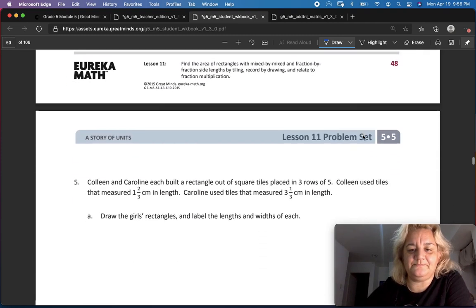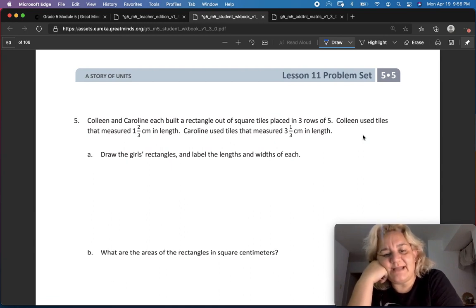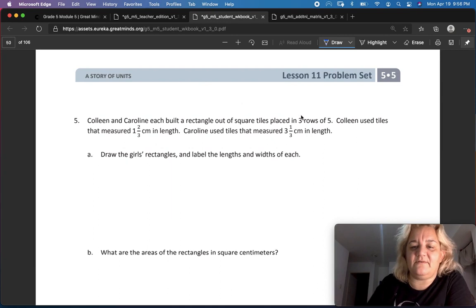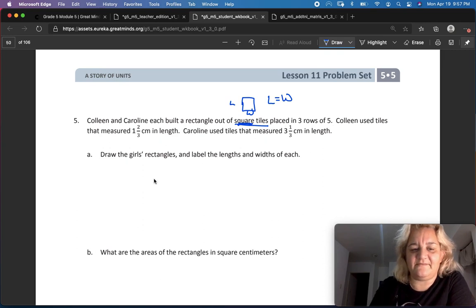Okay, let's move on. Number 5. Colleen and Caroline each built a rectangle out of square tiles placed in 3 rows of 5. So square tiles, if they're square, that means that their length and their width are equal. Their length equals their width, right? Because it's square. All right, so each built a rectangle out of square tiles placed in 3 rows of 5.